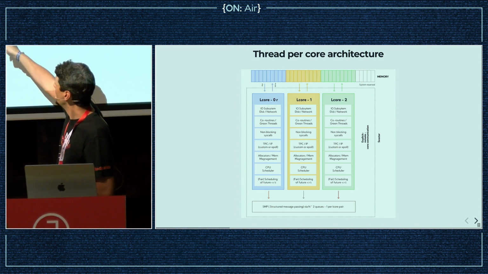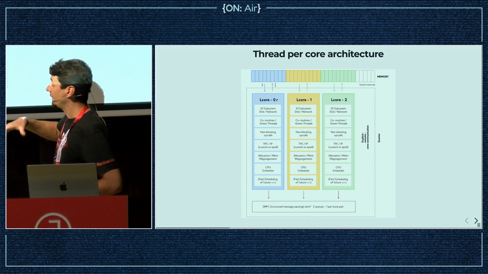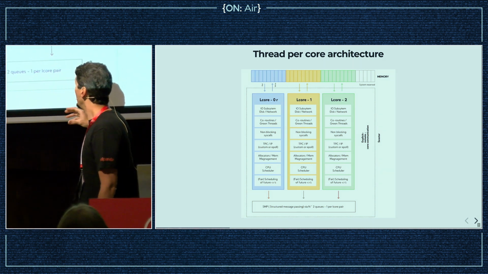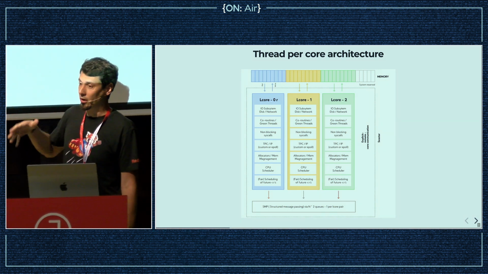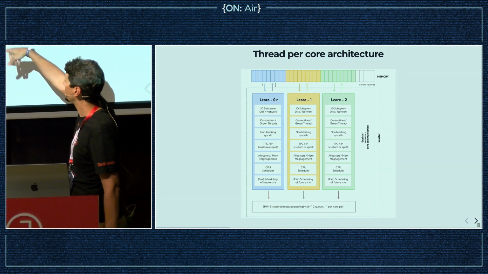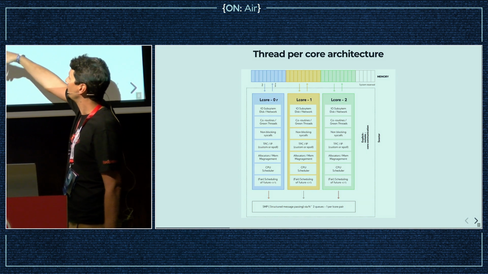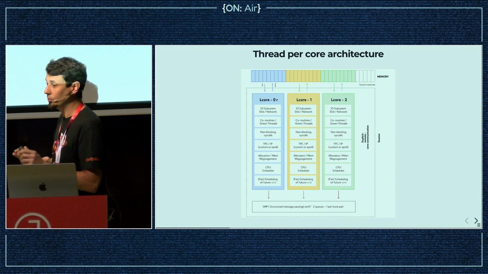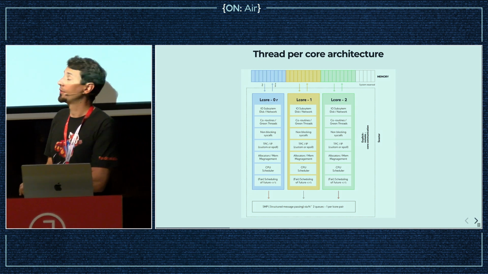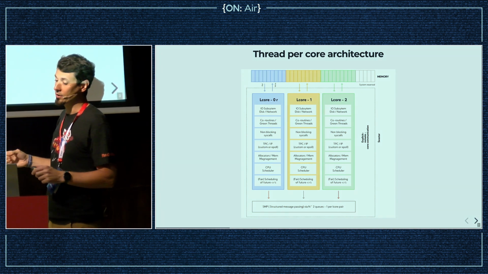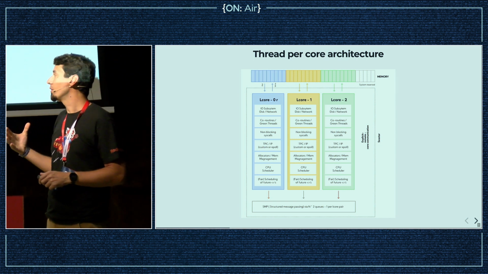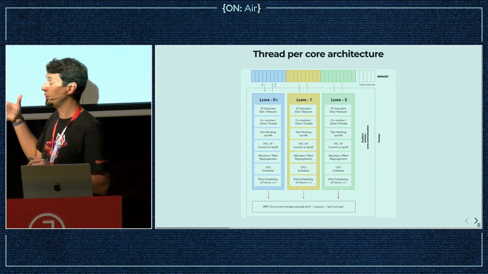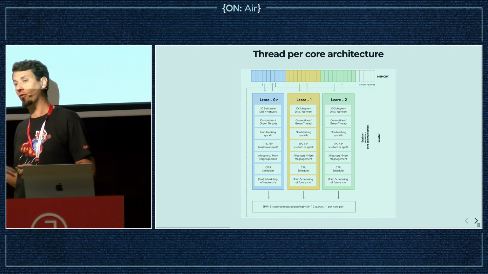Seastar leverages a thread-per-core architecture, where each thread is pinned to a CPU core, and that's named a shard in Seastar lingo. Shards here on this picture are marked with different colors. And the shards do not share any memory. So we name it a shared-nothing architecture, and developers are forced to exchange information between application threads in the form of message passing.